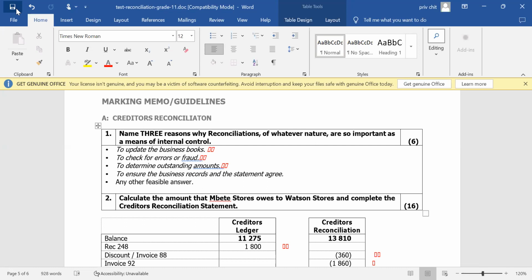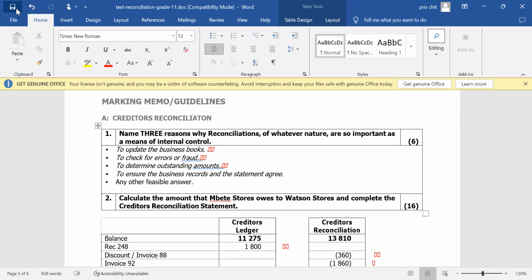The one where it says to determine outstanding amounts, what does it mean? When they say to determine outstanding amounts, it simply means to determine omissions, omitted amounts. Like you see with that invoice 134 that we just recorded earlier on, that was an omission or an outstanding amount.